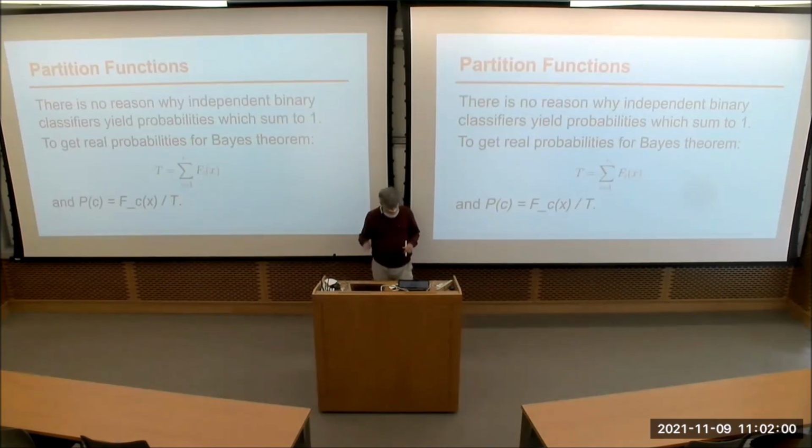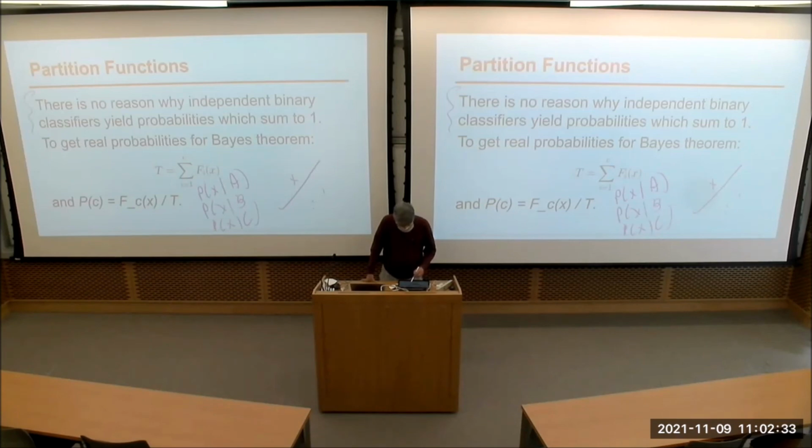The final thing I wanted to say about logistic regression and multi-class classification is, as we said earlier in the semester, if I'm doing a one versus all classifier, I can then, from logistic regression, determine the probability that X is labeled A, the probability that X is labeled B, the probability X is labeled C. If there's only three classes, by default from these one versus all classifiers, there's no reason why these probabilities should add up to one.